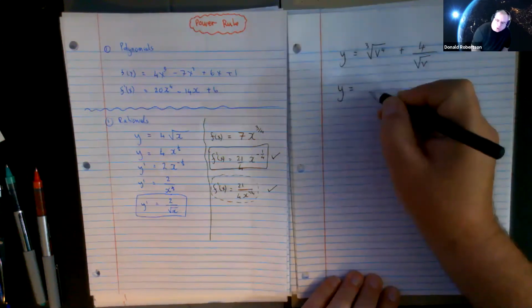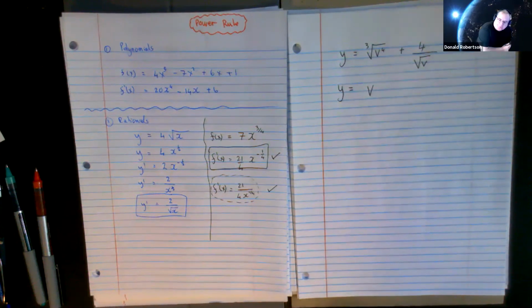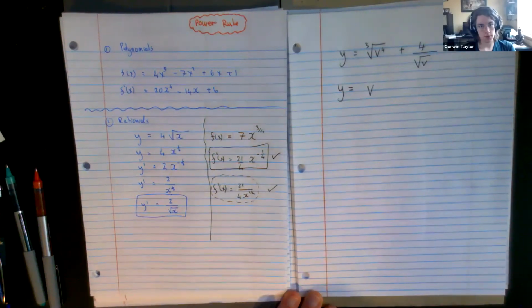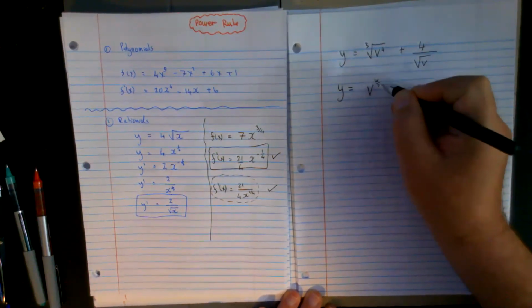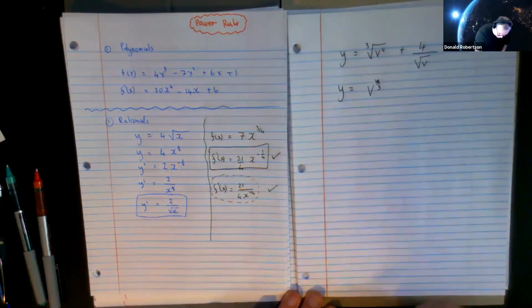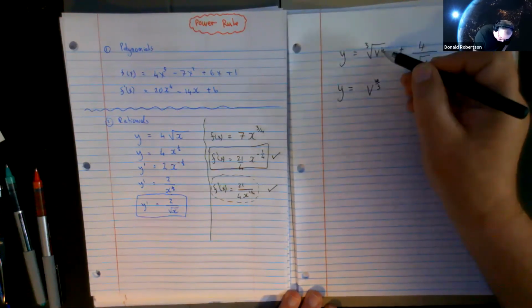Right, this one. What fractional power is the cube root of v to the power of 4? V to the 4/3. Agreed. It's a funny looking 4, but it is a 4/3. The cube goes in the bottom, the cube root goes in the bottom, the 4 goes in the top.